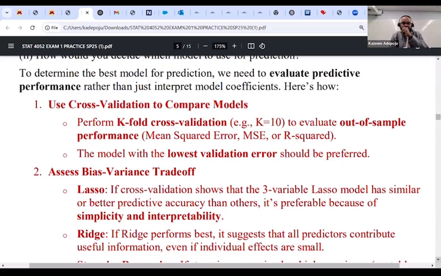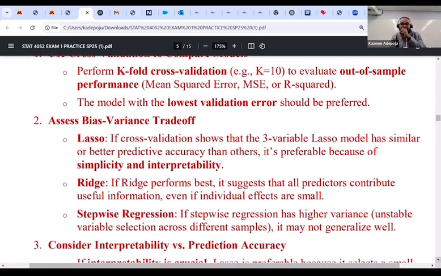So take a look at that. I said use cross validation to compare models: perform K-fold cross validation, K equal to 10, to evaluate out-of-sample performance. And of course, you're going to settle with the model with the lowest mean square error. Then I said, assess the bias-variance trade-off.